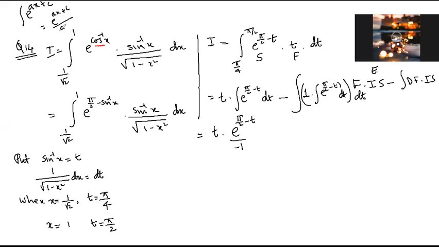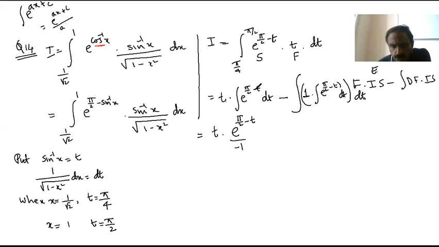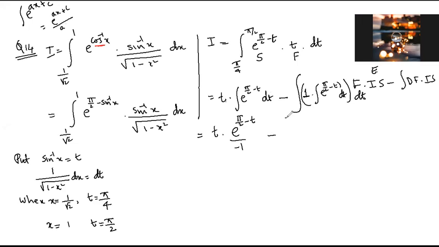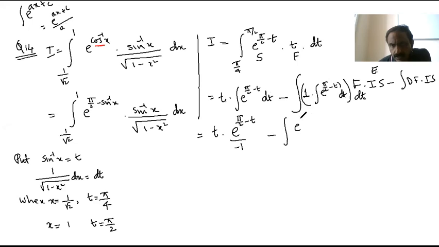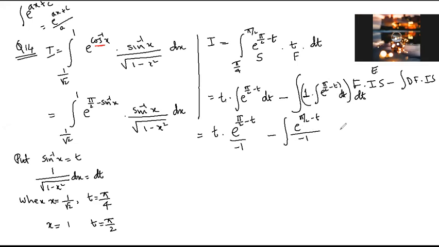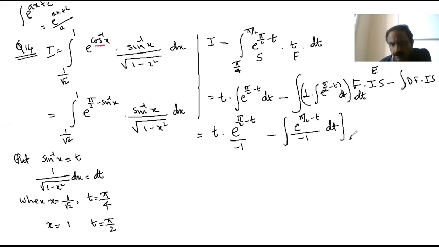Only the coefficient of x I have to divide. Here the coefficient of t is -1, so you need to divide by -1. Minus integral of e raised to pi by 2 minus t upon minus 1, into dt. Limit, of course, pi by 4 to pi by 2.